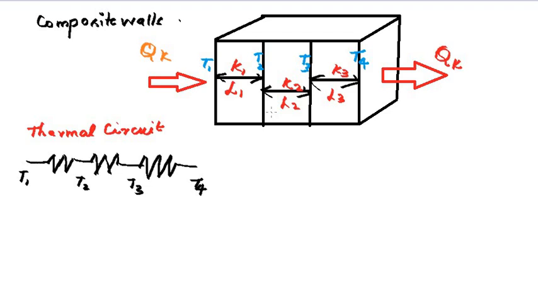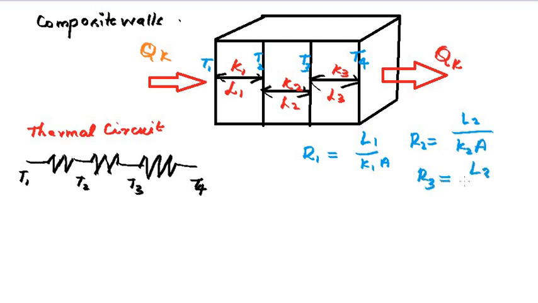Each material is of different length, L1, L2 and L3. Hence, the resistance offered by the first material will be R1 equals L1 by k1A, R2 equals L2 divided by k2A, and R3 equals L3 divided by k3A. And we can see that all these walls are in series. They are not parallel to each other.